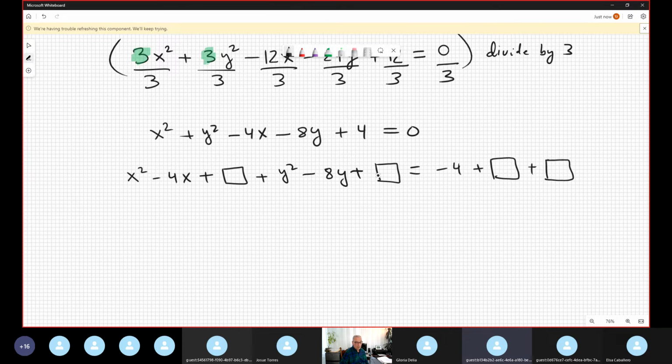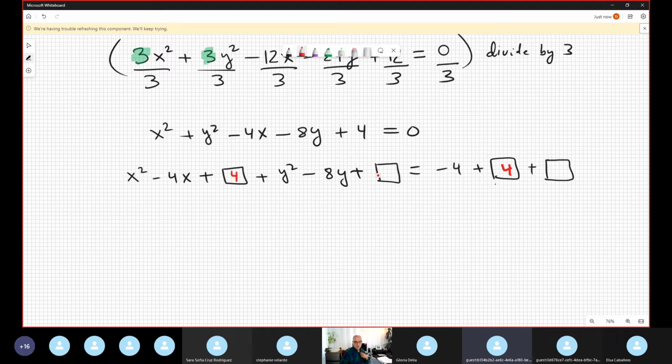I need help. What is the first magic number? 4. You're right. And remember that when you put this 4 artificially on the left, you put another 4 on the right.